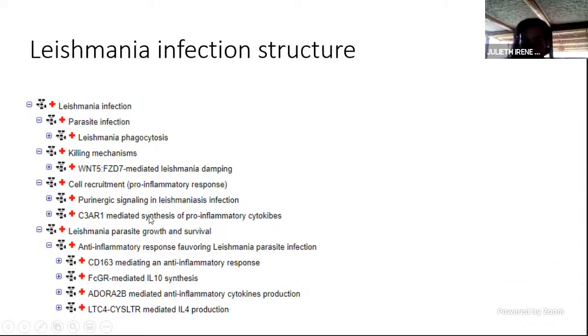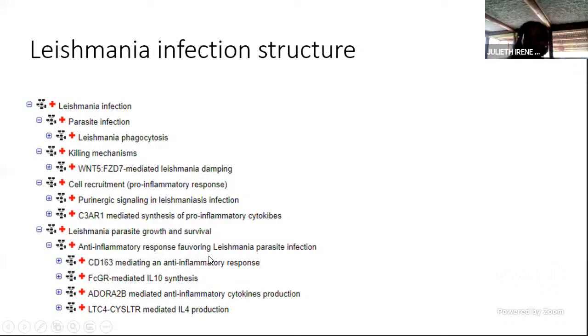And as you can see over here, all of them start with a membrane protein and finalize with a specific effector molecule. And so you see, for instance, that this is the anti-inflammatory response. And one person that is querying the database will immediately get, for instance, the mechanism by which that anti-inflammatory response favoring the Leishmania parasite infection is occurring, right?